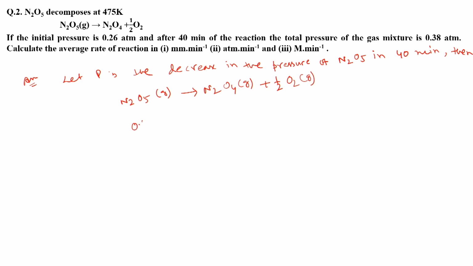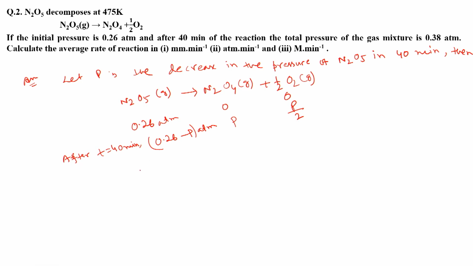So we started with 0.26 atmospheres, and then there was no N2O4 and no O2, right. So after t equals 40 minutes, we get 0.26 minus P, because P is the decrease in pressure, atmosphere. So it goes to P, and this is P by half.